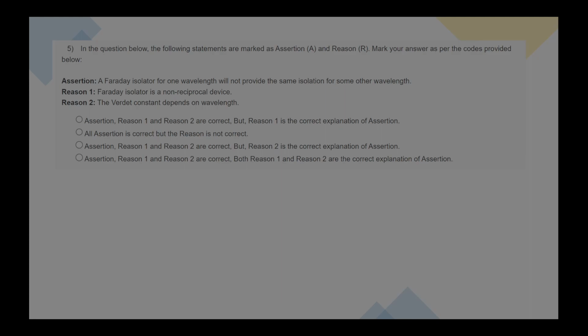As with some other wavelengths, theta will be different and it needs to be determined by Verdet's law. So that theta will be different for different wavelengths. That's why all of these are correct, but reason 2 is the correct explanation of the assertion.